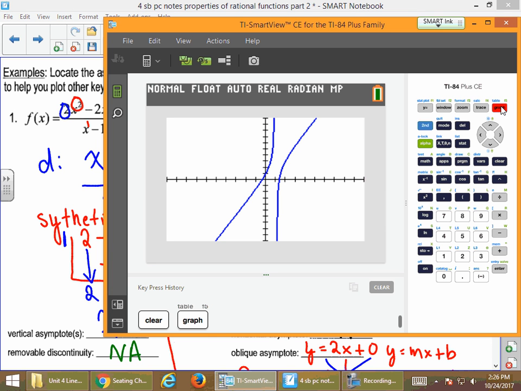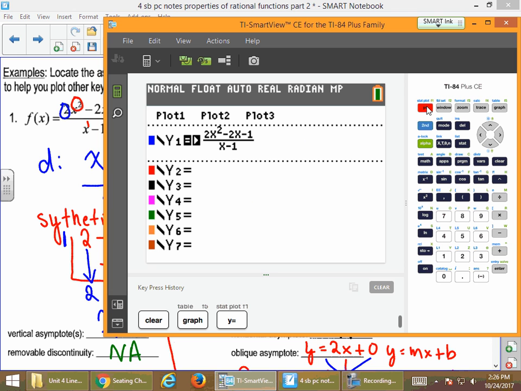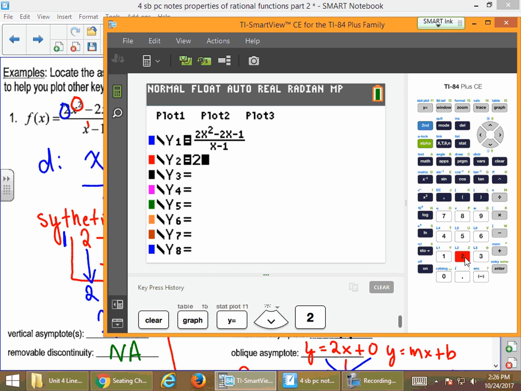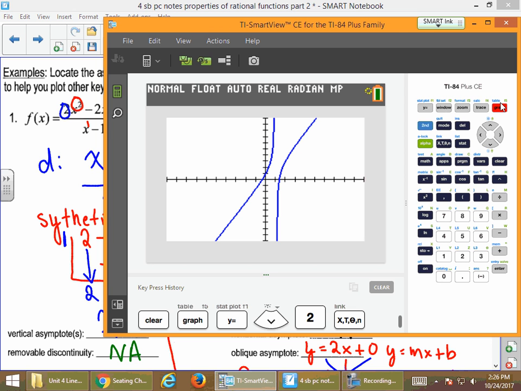Something I will say that I oftentimes check on my calculator is I draw in the slant asymptote on here because I can. Remember it was y equals 2x. Does that seem like it's a reasonable slant asymptote? Yes. And then what we need to do to finish here is draw our picture.